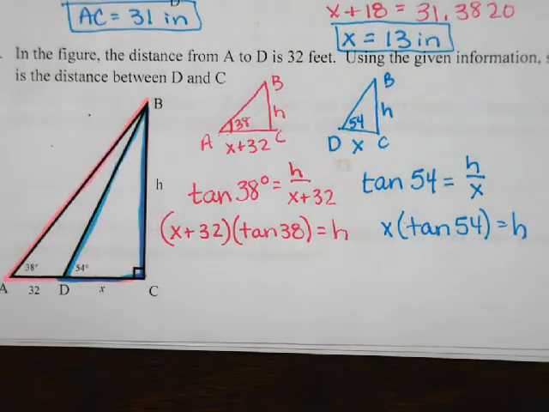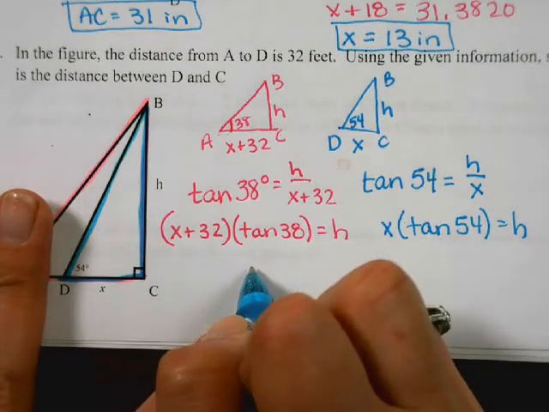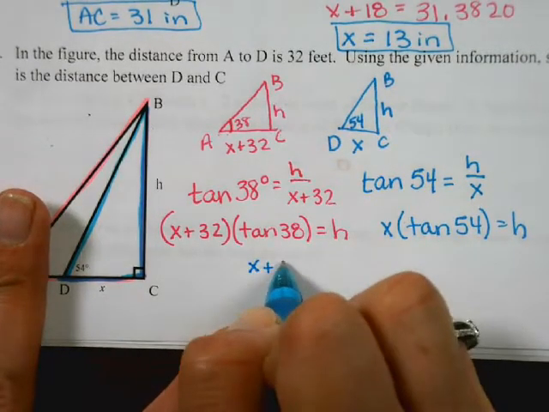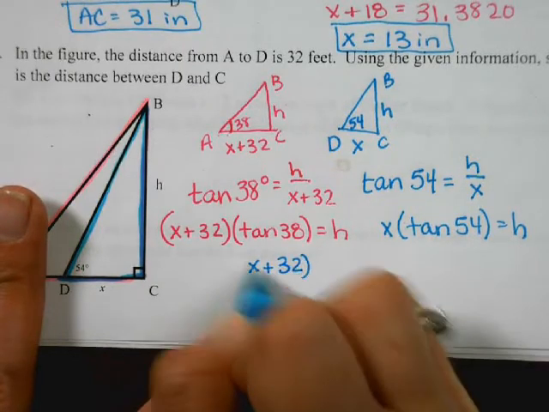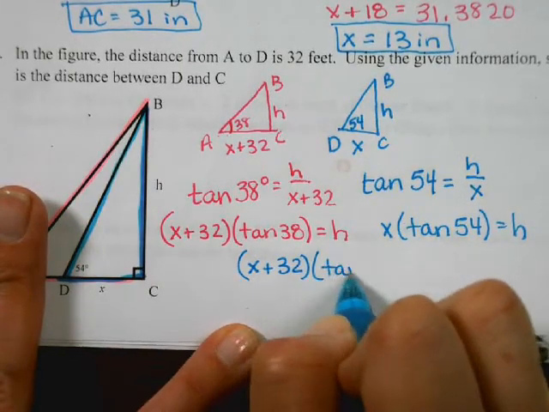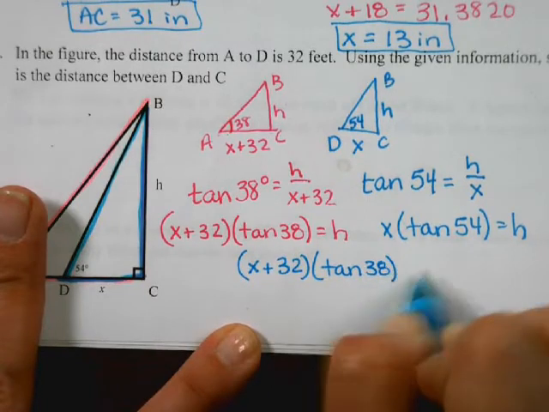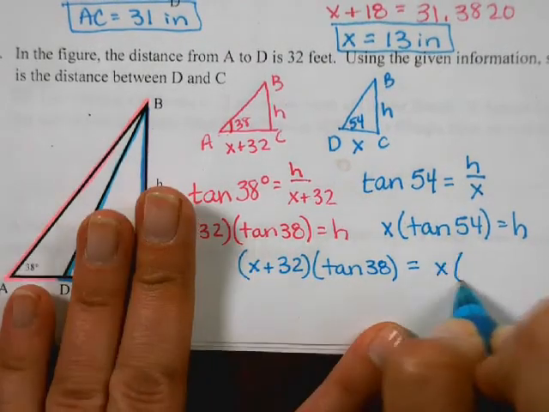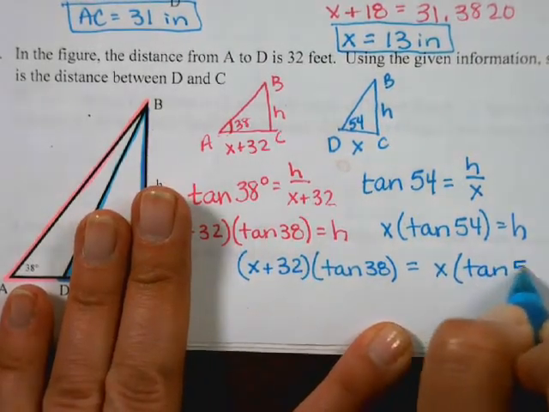Set them equal to each other, right? They're both equal to h, and I don't care what h is. I'm trying to figure out what x is. Okay, so here we go. X plus 32 times the tangent of 38 is equal to x times the tangent of 54.